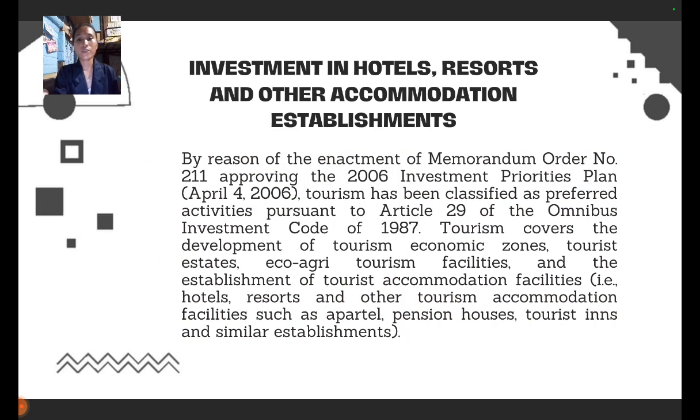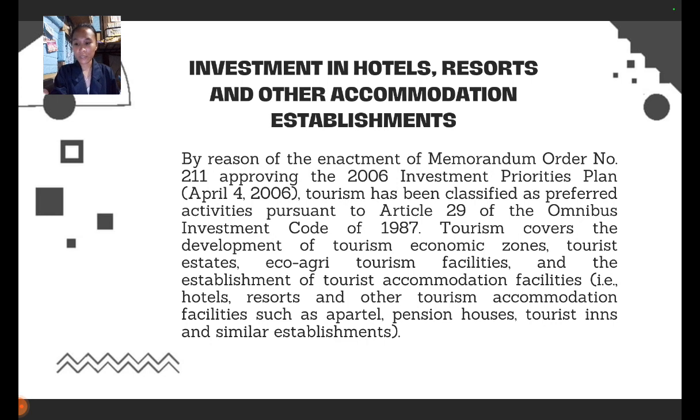Investment in hotels, resorts, and other accommodation establishments. The enactment of Memorandum Order Number 211, which approved the 2006 Investment Priorities Plan on April 4, 2006, resulted in the classification of tourism as a preferred activity in accordance with Article 29 of the Omnibus Investment Code of 1987.